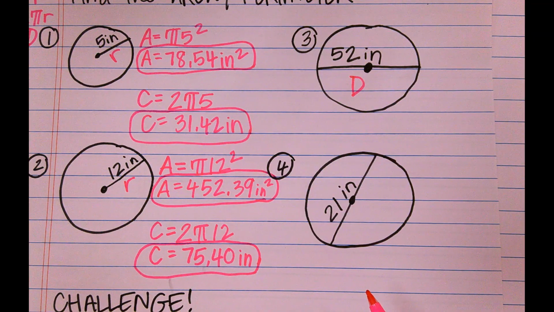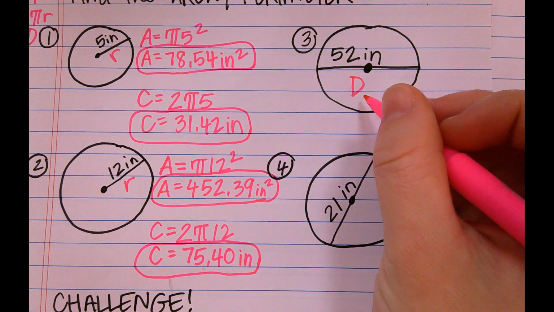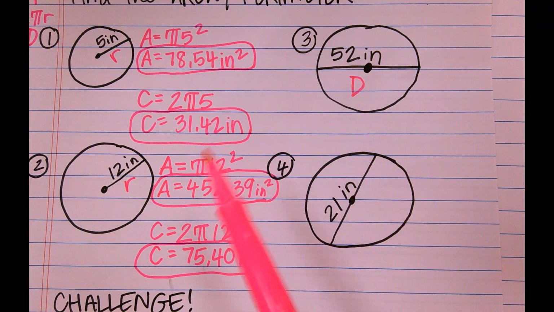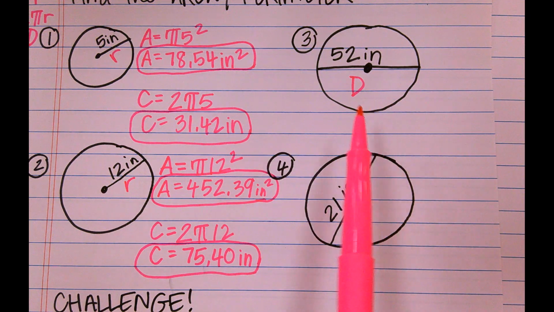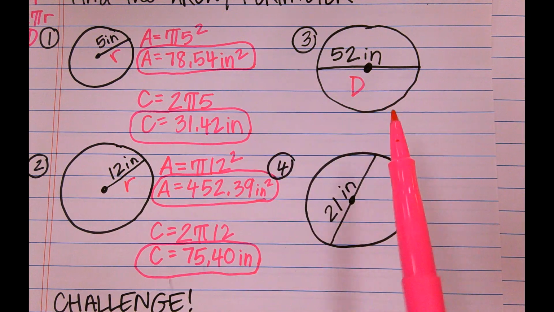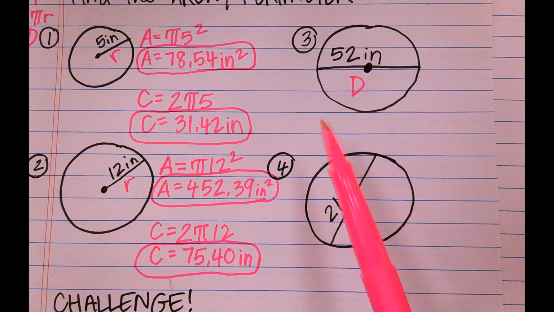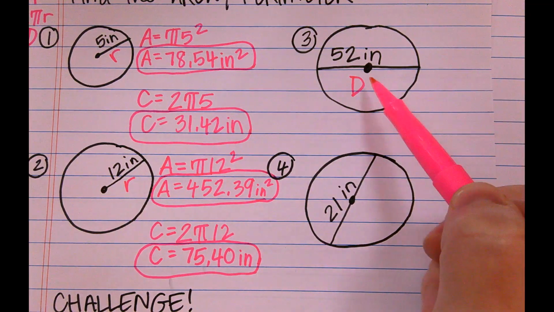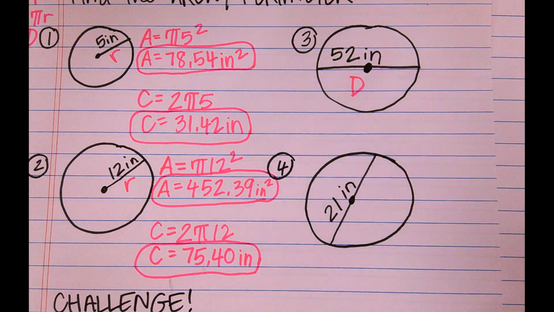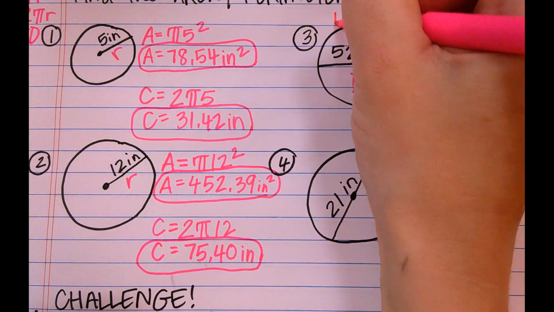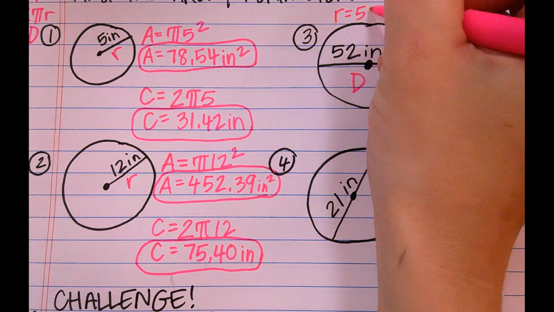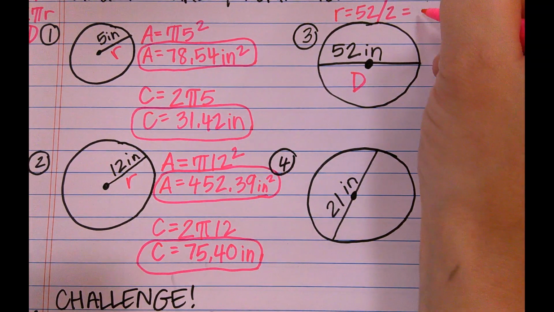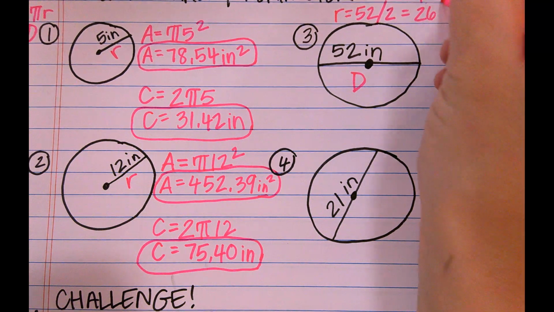If I want to find my area, I can't use a diameter, can I? We need to divide this by 2, and that will give us our radius. So I'm going to write here R equals 52 divided by 2, which is 26. So radius is 26.